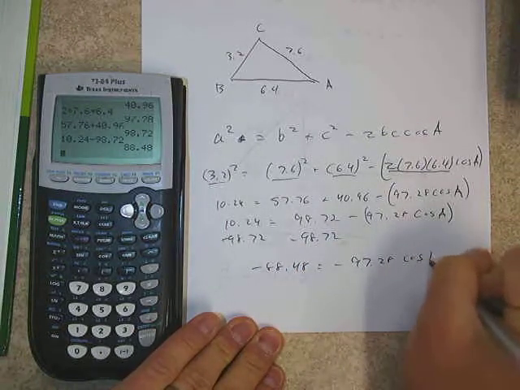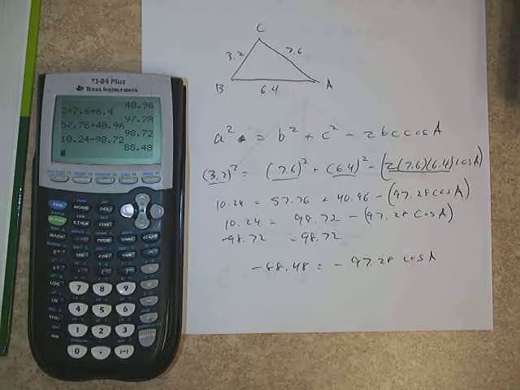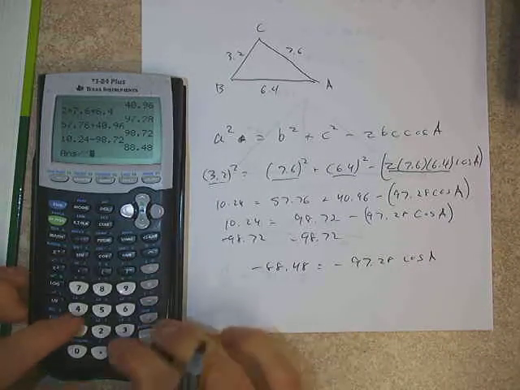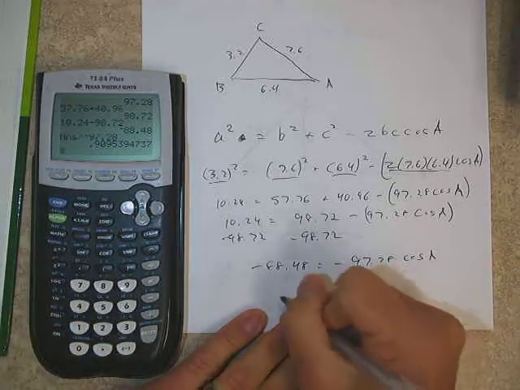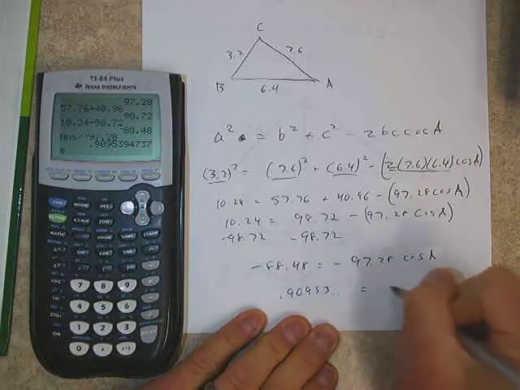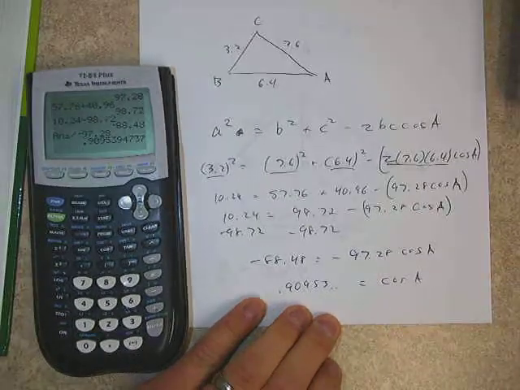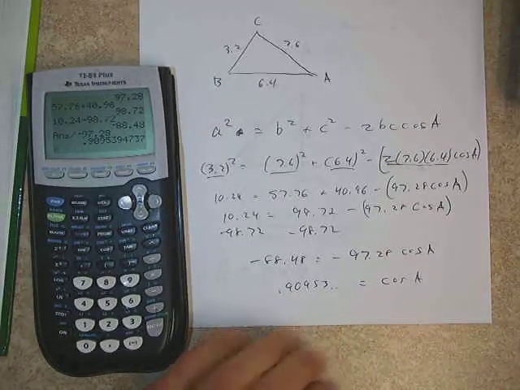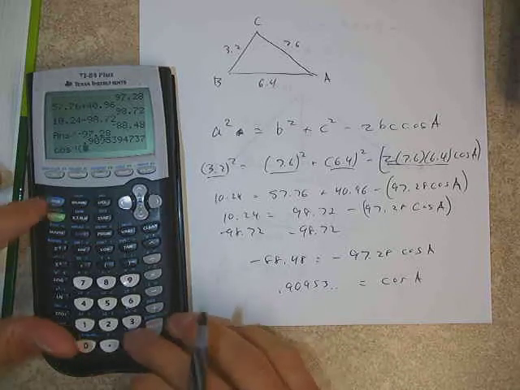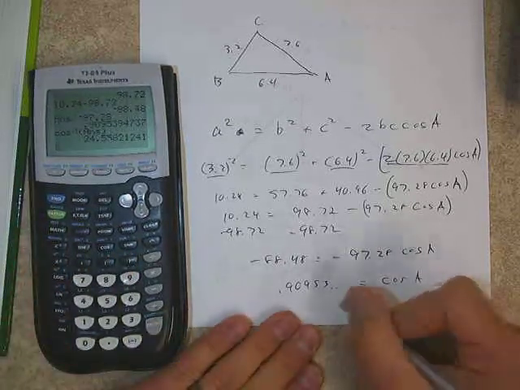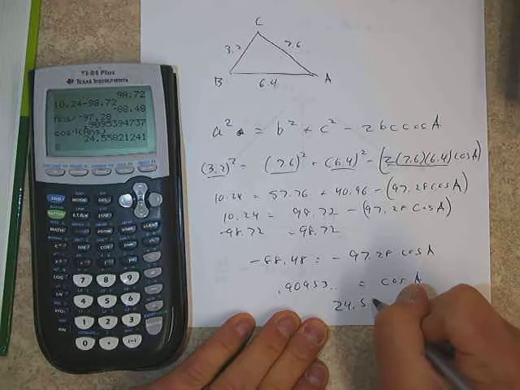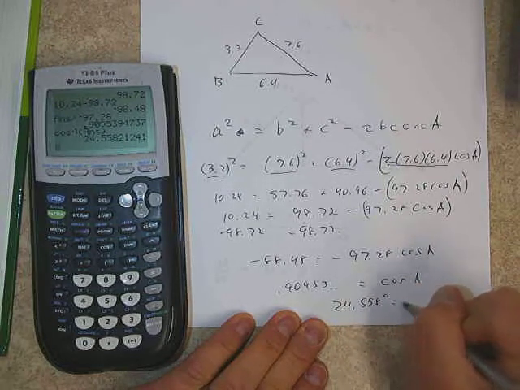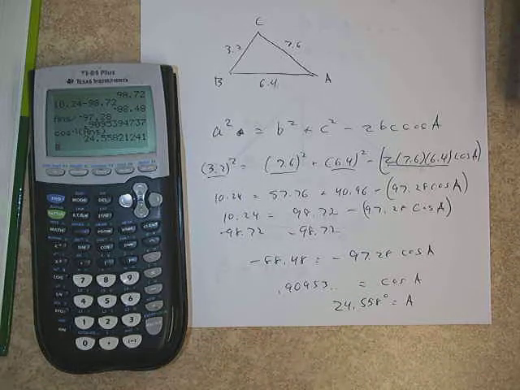What we really want to do is subtract 98.72 from both sides. If we go 10.24 minus 98.72, we get negative 88.48 equals negative 97.28 cosine A. If we divide by negative 97.28, we get 0.90953, etc., equals cosine A. One job left: take the inverse cosine of that.